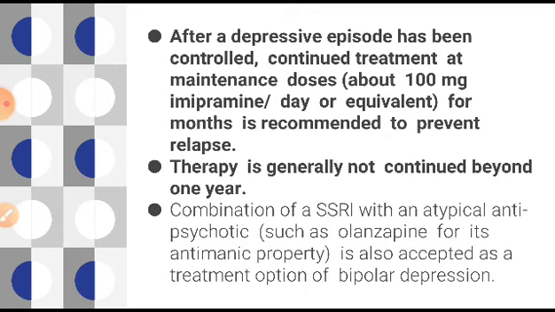Therapy is generally not continued beyond 1 year. Combination of an SSRI with an atypical antipsychotic such as olanzapine for its anti-manic property is also accepted, and this can be used for bipolar depression treatment as well.